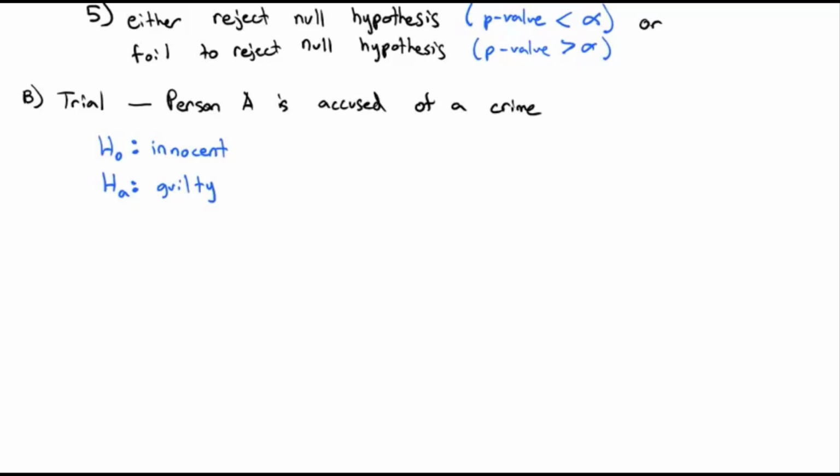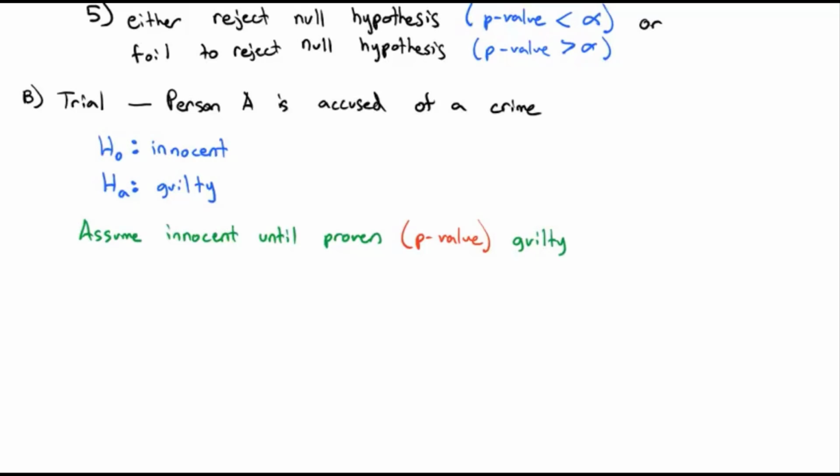What we always do is assume innocent until proven. That proof is the p-value. What is the probability that they're innocent, given there's all this proof that they are guilty?